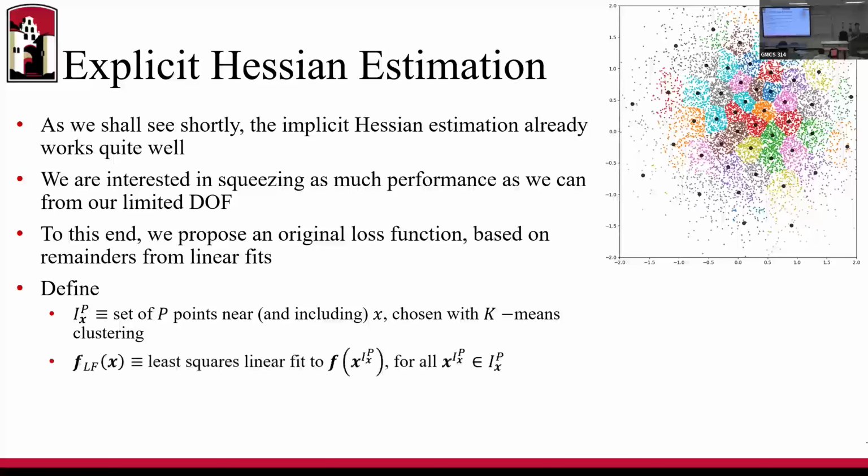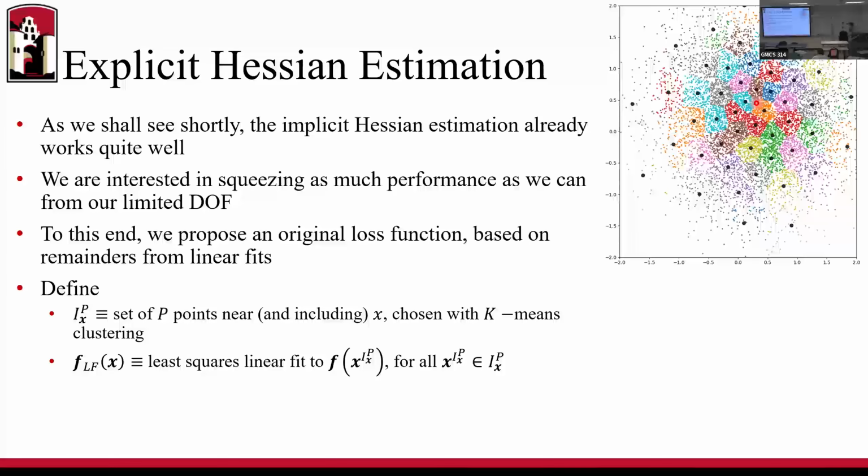The KOX project. Okay, so then let's say that on each cluster we perform a linear fit both to the actual training data as well as to the current state of our new neural net.